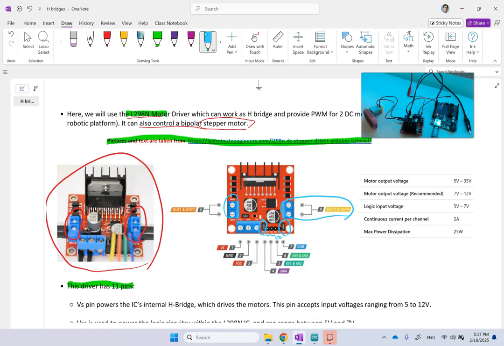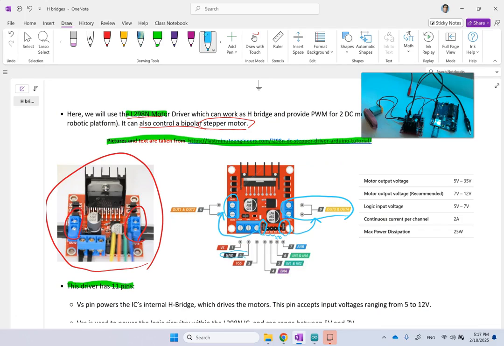And this one on the right is the enable for motor B. So these are some of the pins. So 2 outs, 2 outs. These are 4 outs, and then there are basically 6 pins here in the middle. That's 10 really.